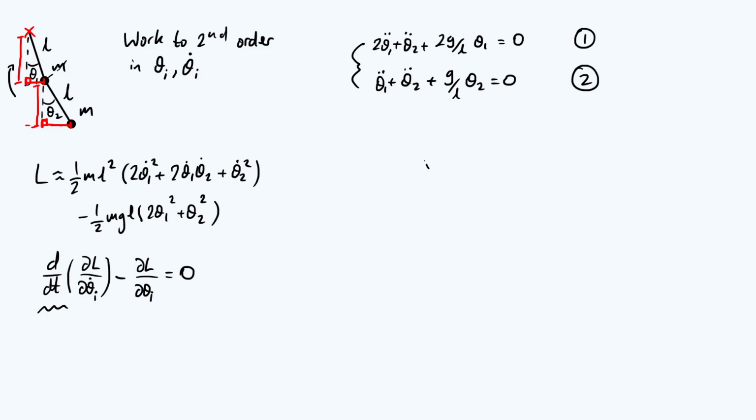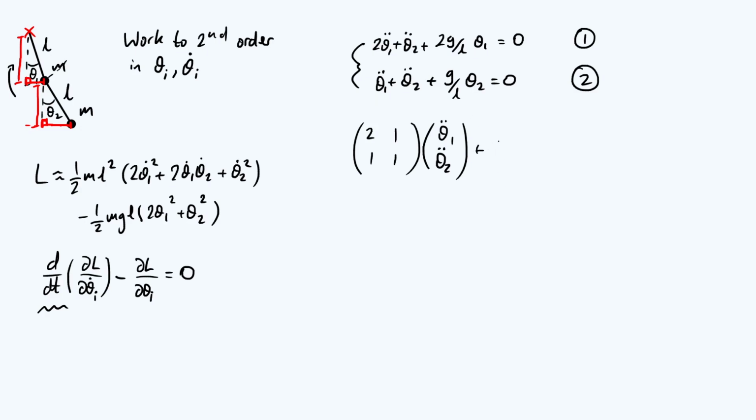So if I put them into a vector like this, theta 1 double dot and theta 2 double dot, I could just pre-multiply that vector by a certain matrix whose entries would just be the coefficients of those terms in the two equations, right? So I get a 2 as my first entry, I get a 1 as the second entry, and then I get 1s from the second equation as well, like that. So I get 2, 1, 1, 1 times that vector of second derivatives, which takes care of that first part of these two equations of motion.